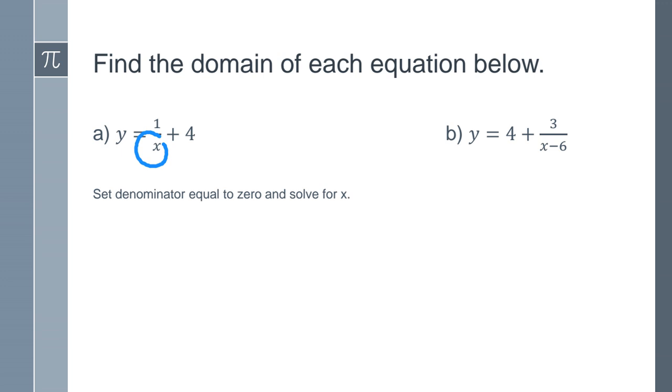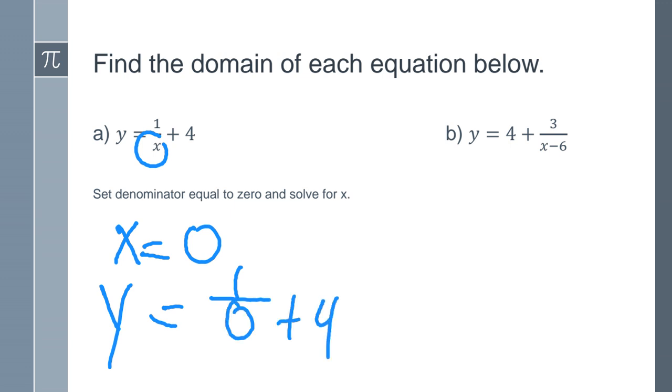Therefore, we take our denominator and set it equal to 0. In this case, we just get 0. We solve for x, which we already did. This tells us that the domain can be any number except x equals 0, because we cannot divide by 0.